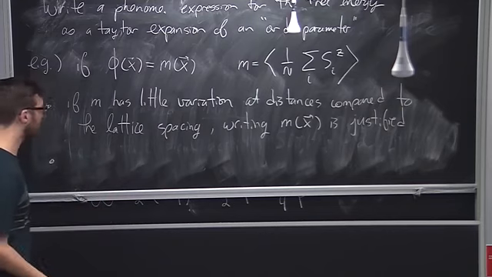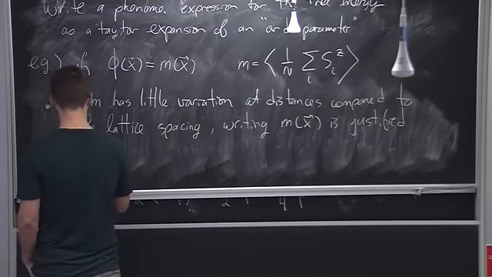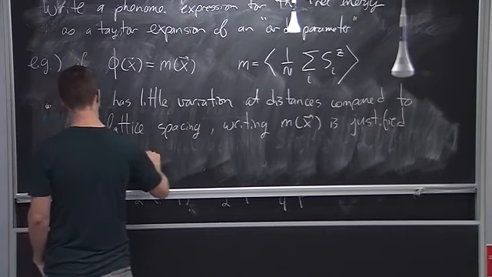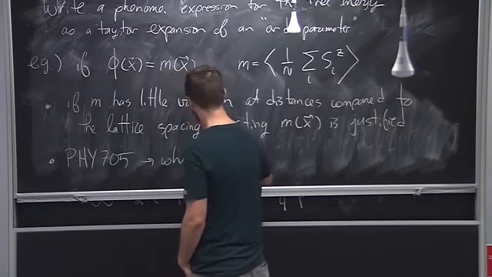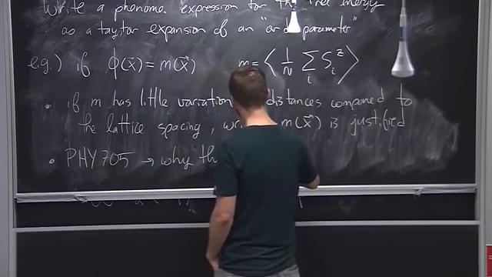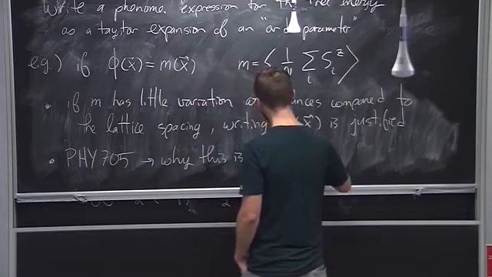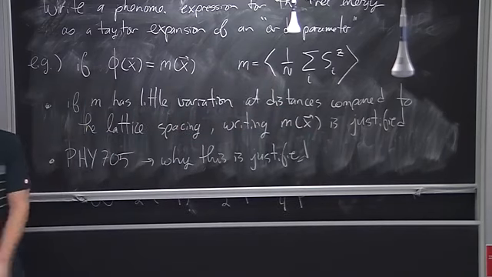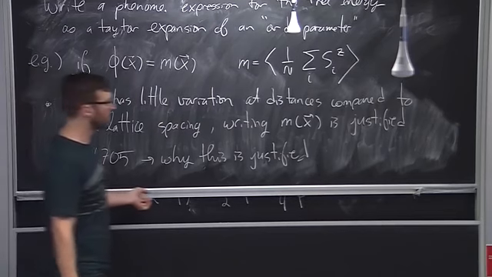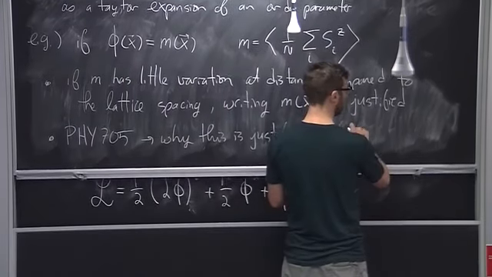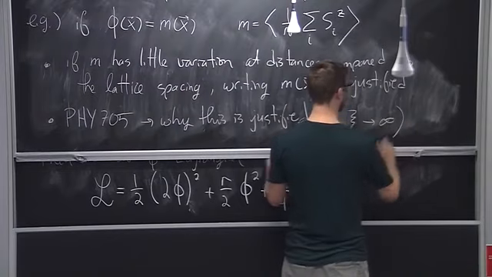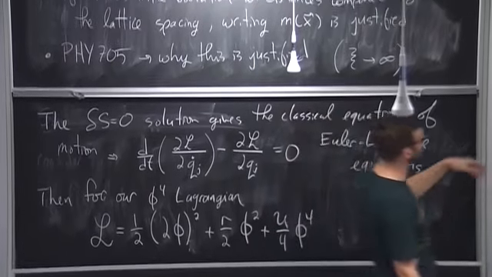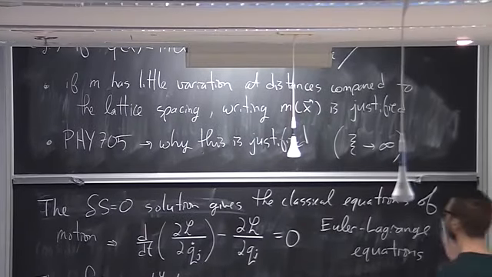The reasoning behind that justification comes out more in 705, particularly near phase transitions or critical points where the correlation length, xi, goes to infinity. Okay, so let's just assume that somehow we're in this regime.